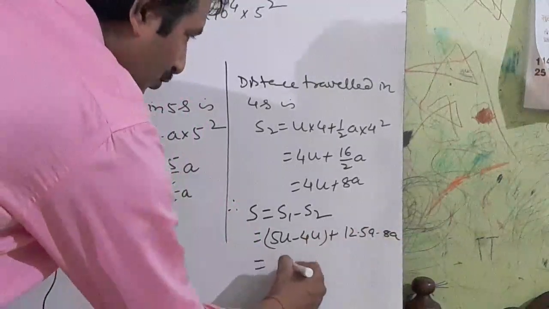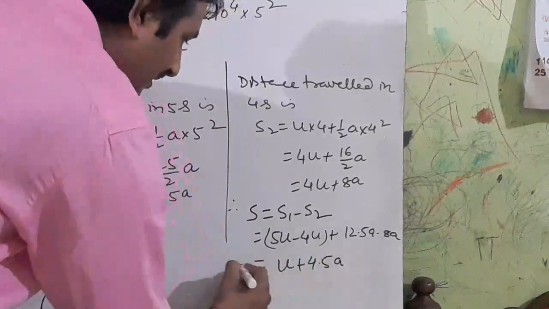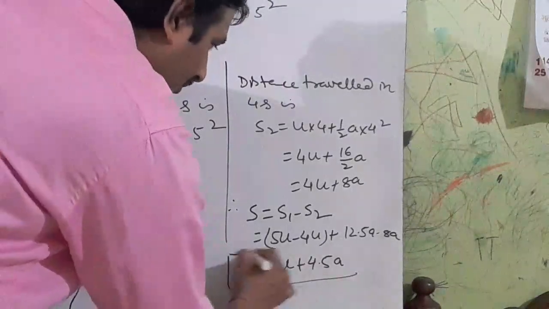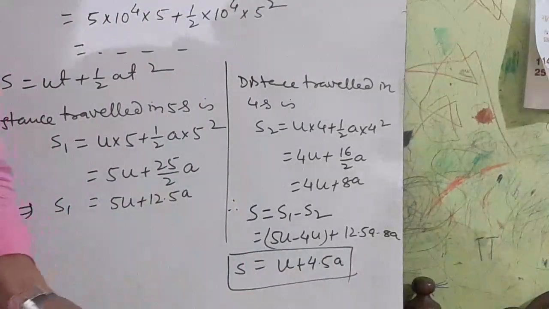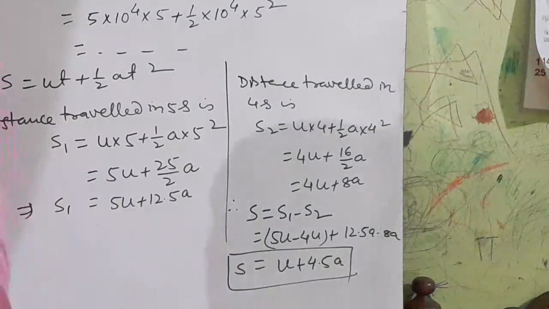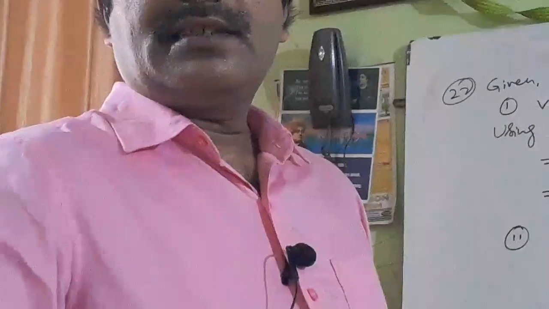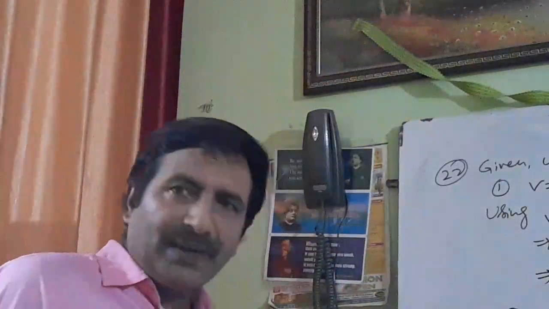This is u plus 4.5a. This is the formula for the distance travelled in 4th to 5th second. Have you got this question also? So this is the question related to number 23.